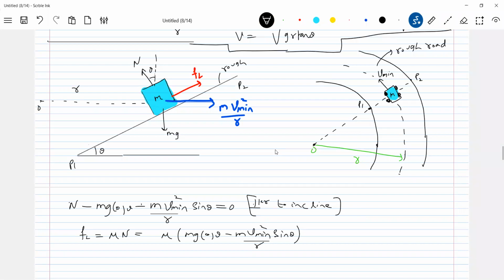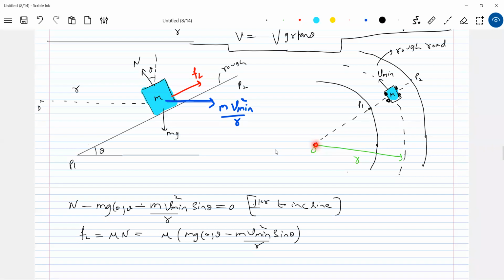Which frame are you doing? If you are standing somewhere here, don't show this m v minimum square by r. Able to get this? If you are standing at the rotating frame, where is the rotating frame? There is no platform. As the car moves in a circular path, you are at the center of curvature of the circular path.